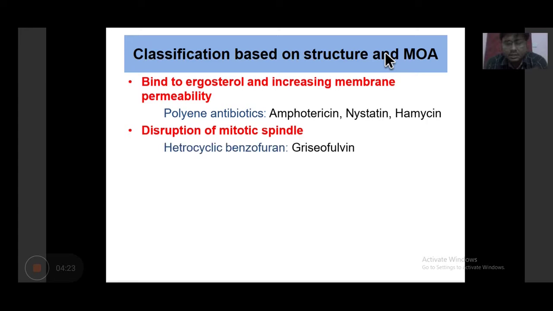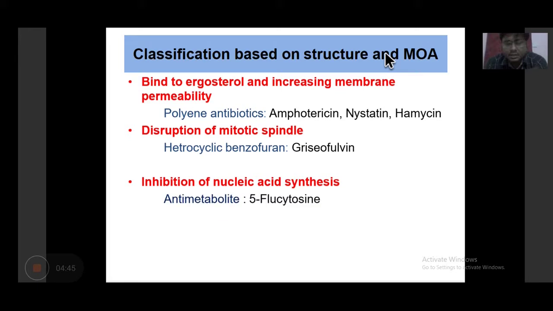Then as I said, there are two groups of drugs. One is flucytosine and one is griseofulvin, which act at the level of the nucleus. Griseofulvin acts by disruption of the mitotic spindle and hence leads to cell death. And inhibition of nucleic acid synthesis like DNA, RNA is by flucytosine.